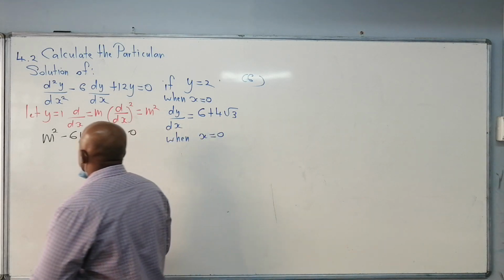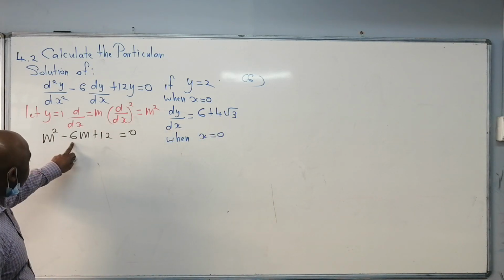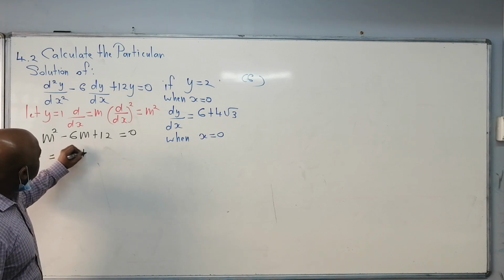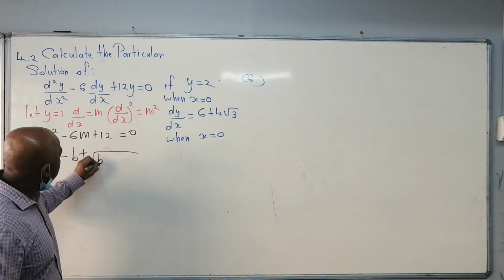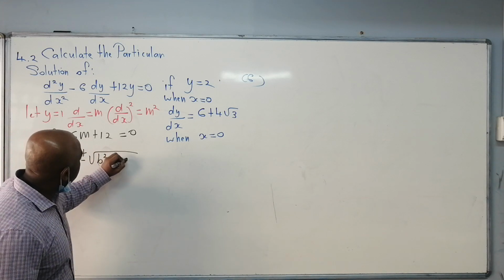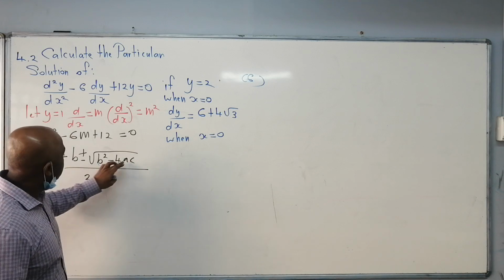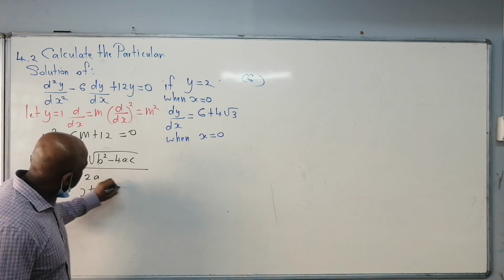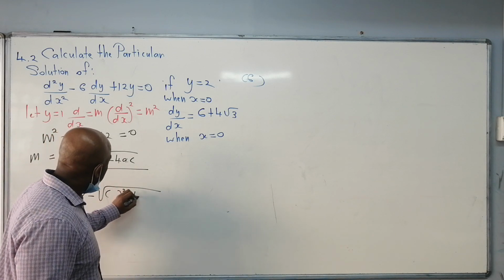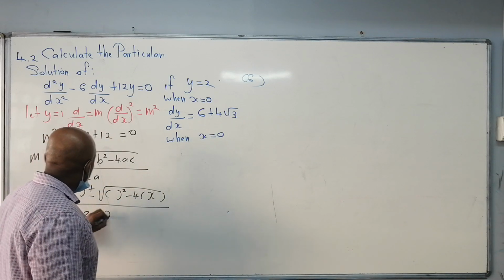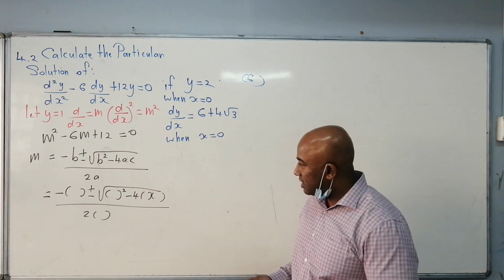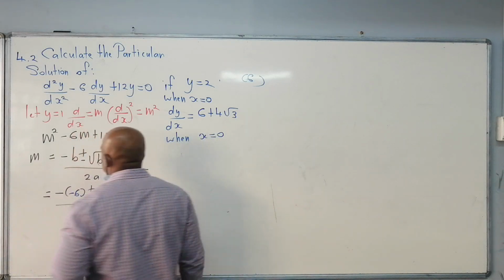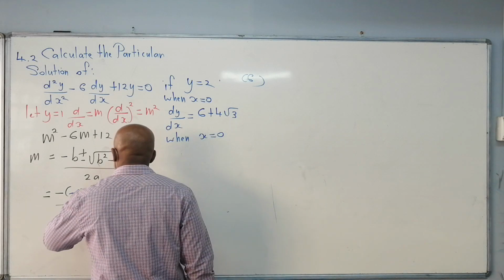Now, we'll use the quadratic formula. So the quadratic formula: m is equal to minus b plus or minus the square root of b squared minus 4ac, all divided by 2a. Let's substitute. My b is minus 6, so that's a minus 6 here.